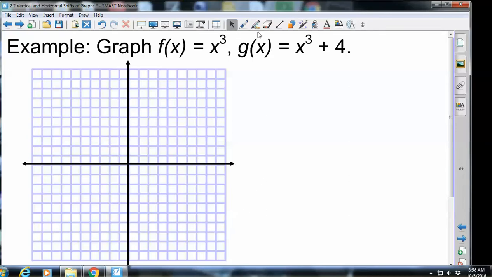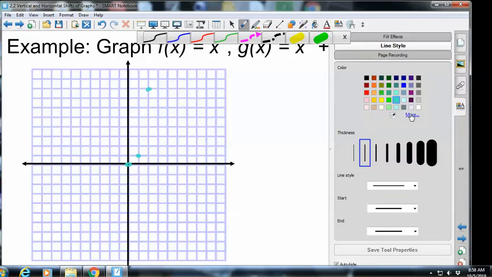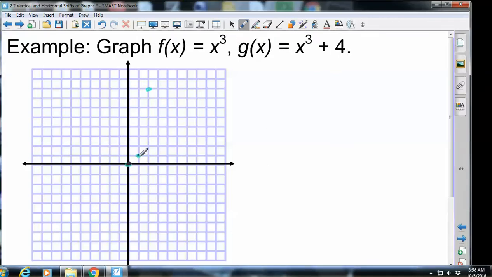Alright, let's get some exact points. 0 cubed is 0, 1 cubed, 2 cubed. Okay, negative 1 to the third is negative 1, negative 2 to the third is negative 8. So that is my original. I'm just going to make that dash.